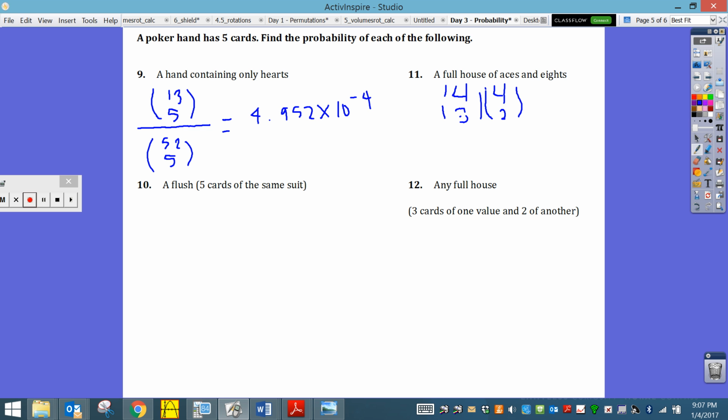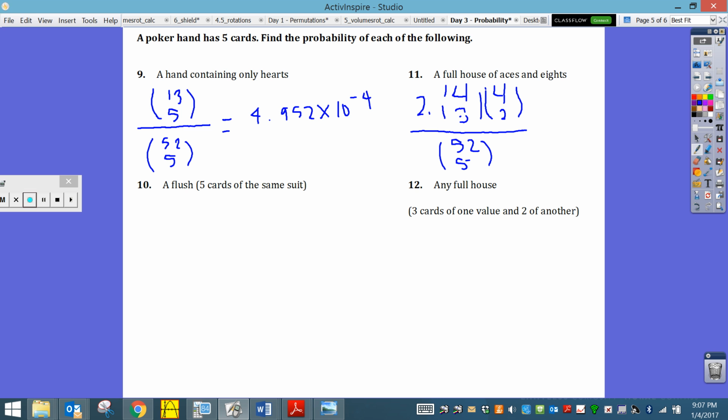Right? Another way I could have done this is, what if I had 3 8s and 2 aces? Then again, I would have 4 choose 3 for the 8s times 4 choose 2 for the aces. Well, I already have 4 choose 3 and 4 choose 2, so I'm just going to multiply that by 2. And I'm going to divide it by the total possibility of cards.